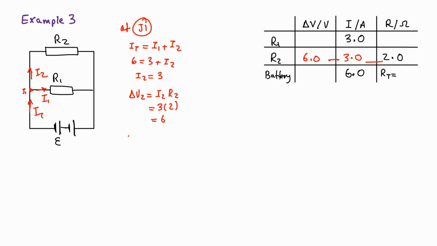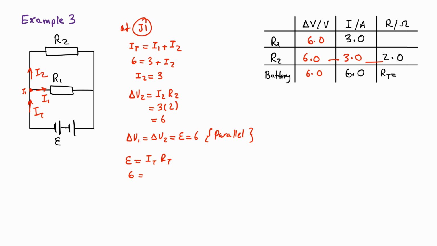It is a parallel circuit. That's nice. We got delta V1 equals delta V2, which is equal to the EMF, which is equal to 6. This is because it is a parallel circuit. That makes these ones 6. You have two pieces of information. You know that the EMF is equal to IT RT.